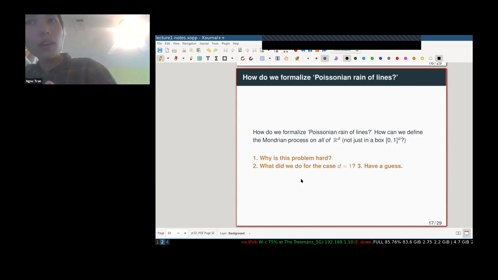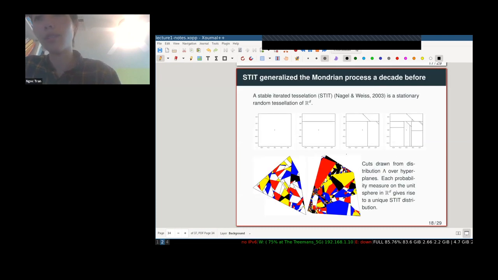Okay, so you can formalize this as a Poissonian rain, not of points, but of lines. Okay, so I'll skip how to formalize this. We'll look at it in the next lecture. But a result of thinking about it as Poissonian rain is that now you can do cuts that are not axis aligned.